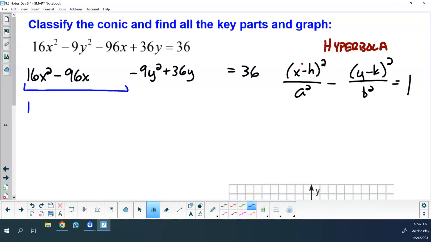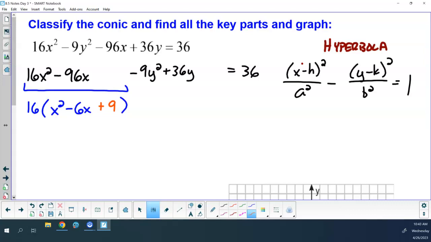I'm going to factor out a 16. Leaves me with x squared minus 6x. Okay? Negative 6 divided by 2 is negative 3. Negative 3 squared is positive 9. So I'm going to add 9 there.